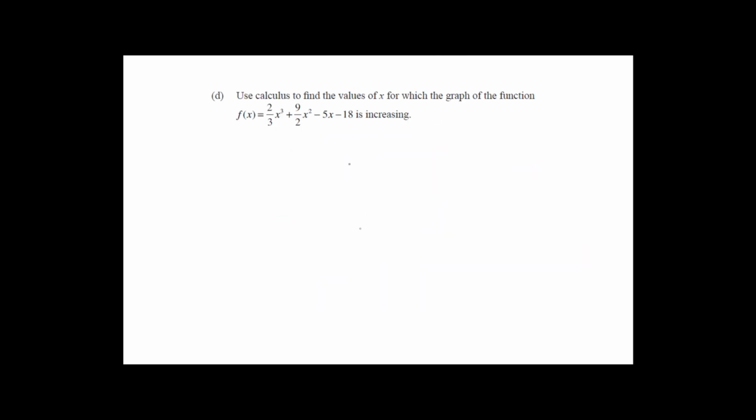Okay, so use calculus to find the values of x of the graph where it's increasing. So where it's increasing, the first derivative is greater than 0, it's a positive number. So we need to find the f dash of x. So 3 times 2 over 3 is 2x squared, plus 2 times 9 over 2 is 9x minus 5.